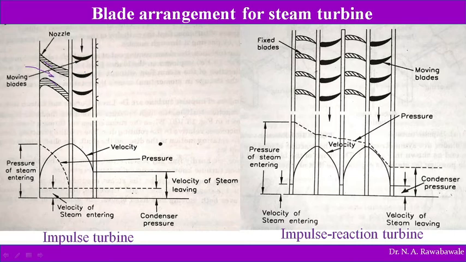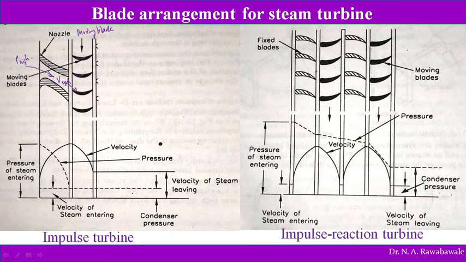High pressure steam is passed through the nozzle, velocity of steam increases and pressure gets reduced. The high velocity steam comes out of this nozzle and impacts these blades, shown in black color. The injected steam hits this blade and makes it rotate. These sets of blades are going to rotate. These are the moving blades. We call this a moving blade.